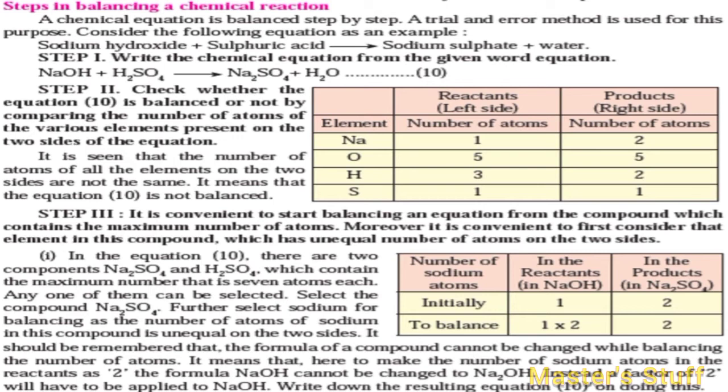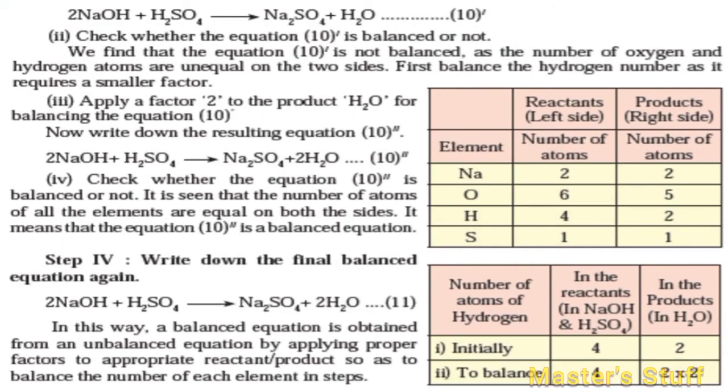Instead, the factor of 2 will be applied to NaOH. Write down the resulting equation on doing this. Thus the equation becomes 2NaOH plus H2SO4 gives Na2SO4 plus H2O. Now let's check whether this equation is balanced or not.